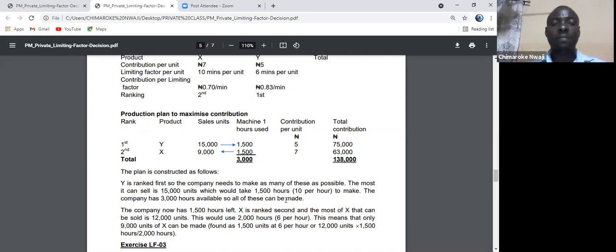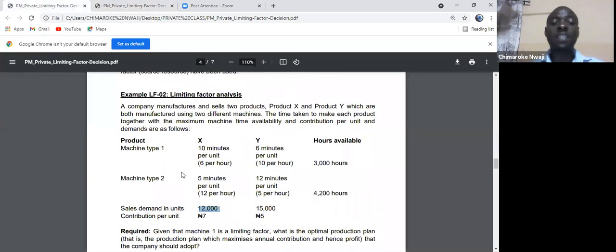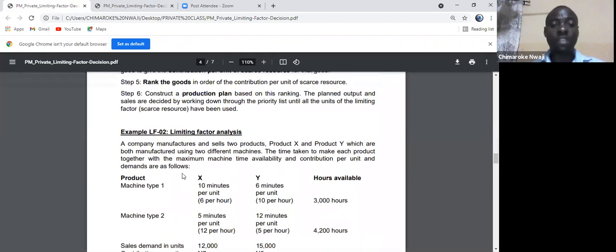Those 6 steps should never be forgotten. That is the key. That is the secret of handling limiting factor production. These 6 steps I just gave you. Okay, for the sake of emphasis, I will reiterate the 6 steps again.